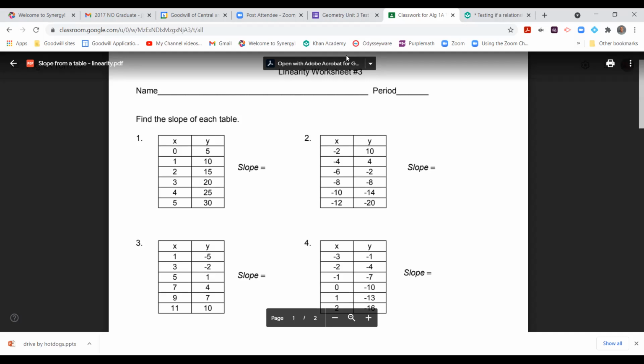Any guesses on that one? The end domain. Well, that's not a bad guess, since the y values depend on x. At least in our equations, we plug in x and we figure out what y equals after you do the calculations. But the y values are always called the range, the domain and the range.